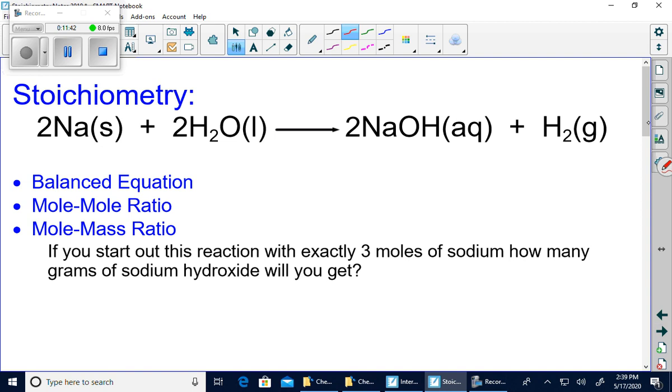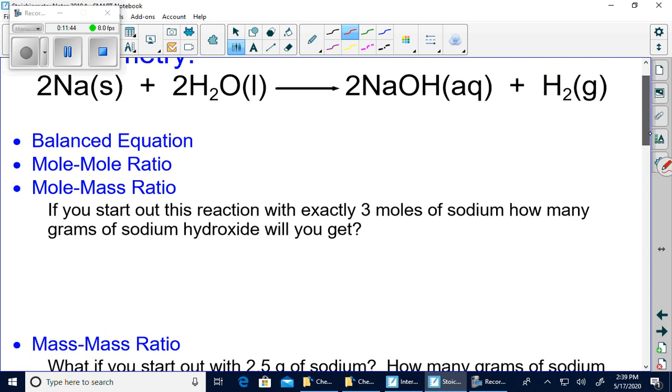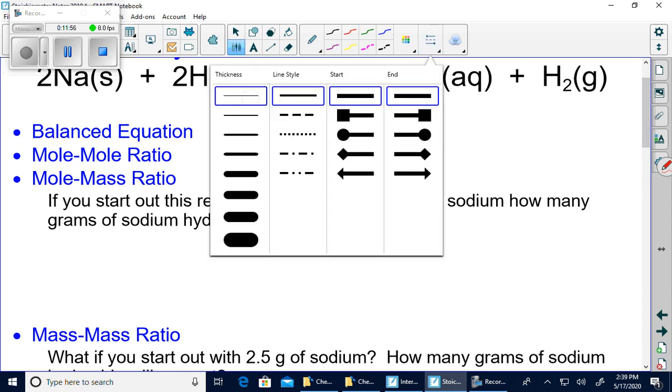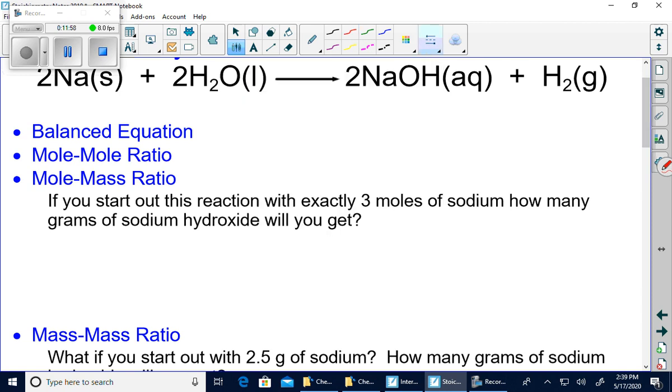Let's look. If you start out this reaction with exactly 3 moles of sodium, how many grams of sodium hydroxide will you get? All right, so we're going to just start out the same way we did when we were doing molar conversions.